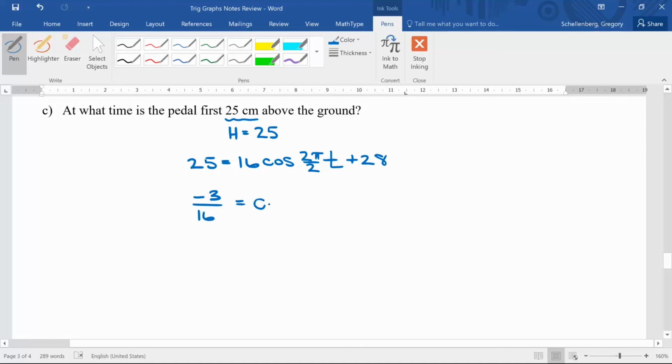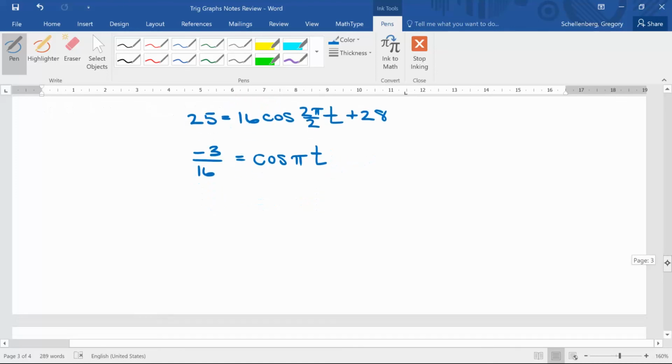Okay, that leaves us with the cosine of, now at this point, it doesn't make a difference, we can simplify 2 pi over 2 to just pi. So we have the cosine of pi times t. Okay, how do we get rid of or undo the cosine? Inverse cosine. We've got to do it to both sides. So we're going to take the inverse cosine of negative 3 over 16, and this will be equal to pi times t.